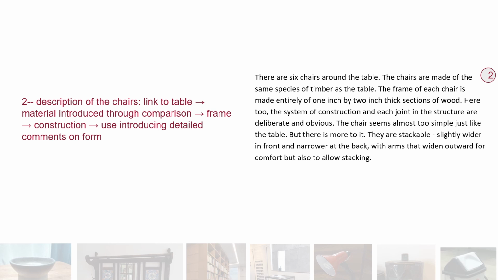The chairs are also then described in a logical sequence, starting from the broader, that is the frame, and going down to the narrower aspects, that is the joints. The overall structure of the chairs is introduced in the last sentence through the impact it has on the use.